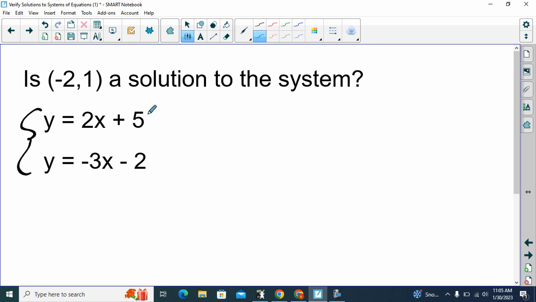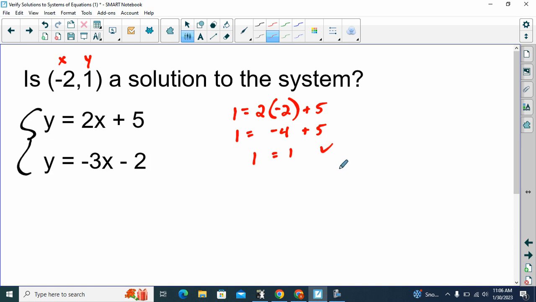Again, we are going to take our point. X is negative 2, y is 1, and we are substituting into the first equation. 1 for my y, negative 2 for my x. Two times negative 2 is negative 4. Negative 4 plus 5 is 1. It works in the first one.